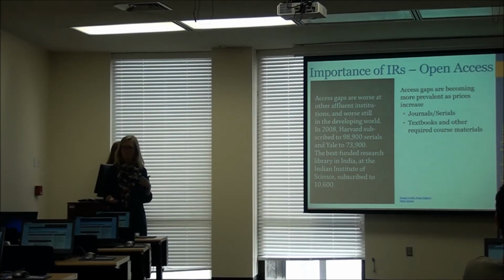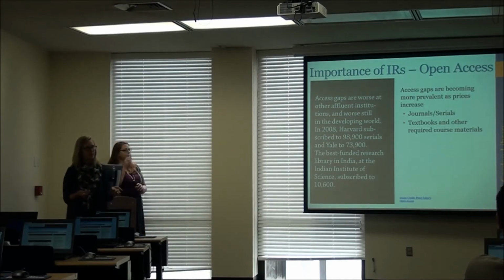So you can see immediately that's an access gap, right? There are things like interlibrary loan to get some articles, but still the amount of information available to Harvard students and faculty members and staff members is so much greater than the Indian Institute.